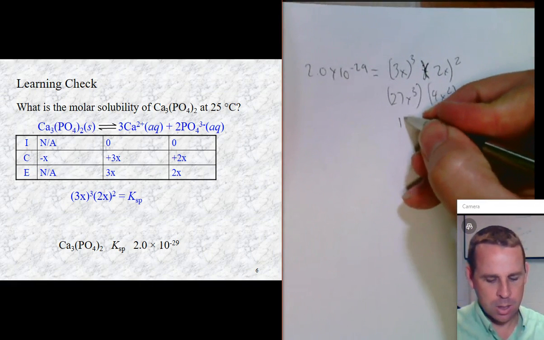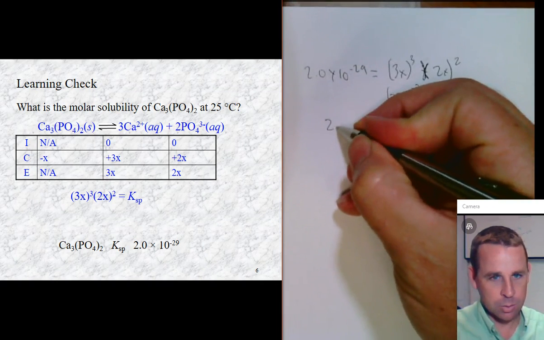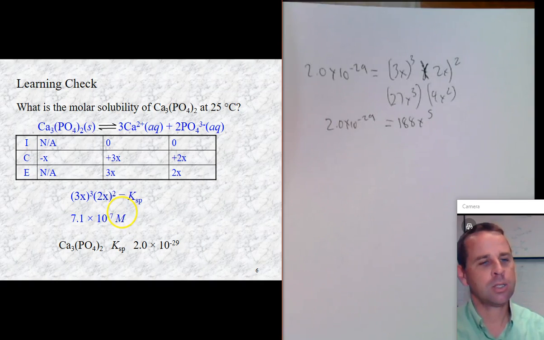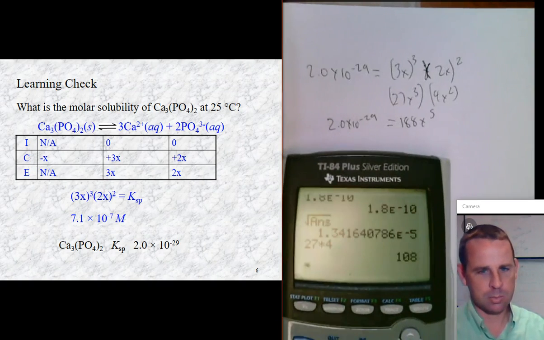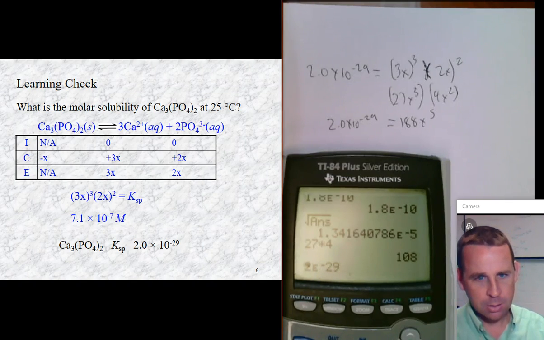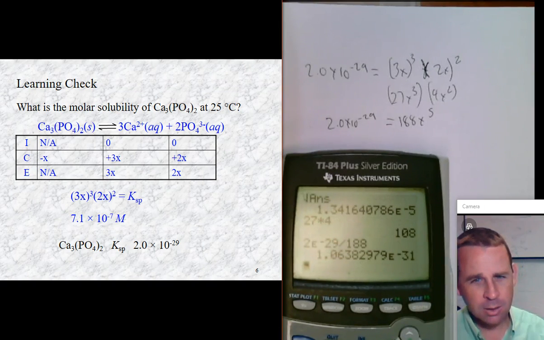So this is 108x to the 5th, and that's going to be equal to 2.0 times 10 to the minus 29. All right, so solve for that, and it should be 7.1 times 10 to the minus 7 molar. Let's make sure we're there. So we got 2 times 10 to the minus 29 divided by 188. And then we have to take the 5th root of it.